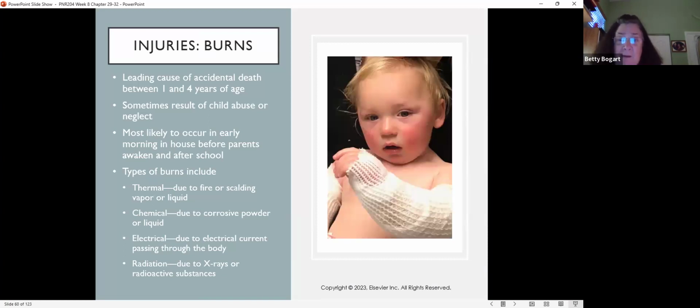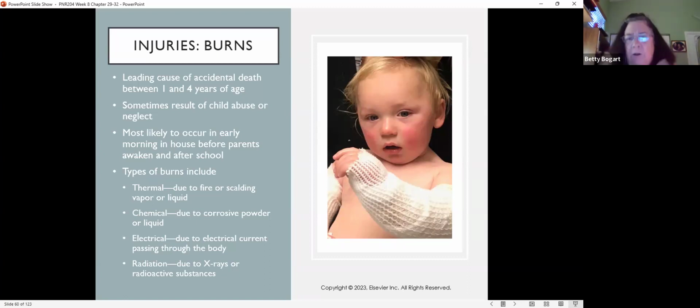Burns, very common. Kids like to go to the stove and pull down a pot on the handle, right? Or go in and grab mommy's curling iron and now they're burnt there. I mean, it happens all the time. Picking up, being outside around fires and barbecues and whatever it is. It's taking electrical cords and putting them in their mouth and biting on them and then getting electrical burns in the mouth.